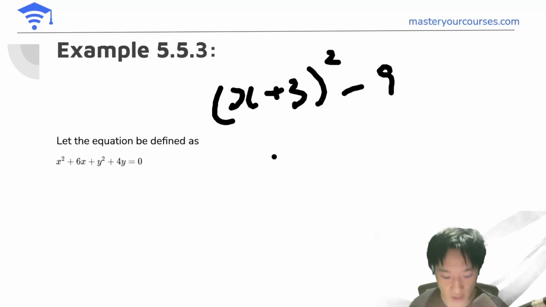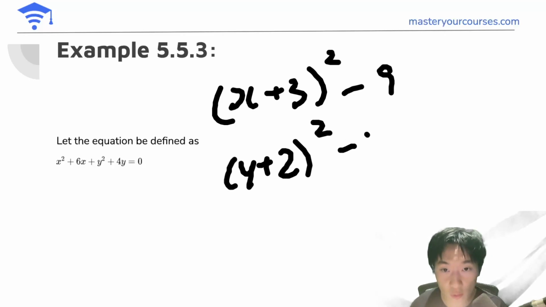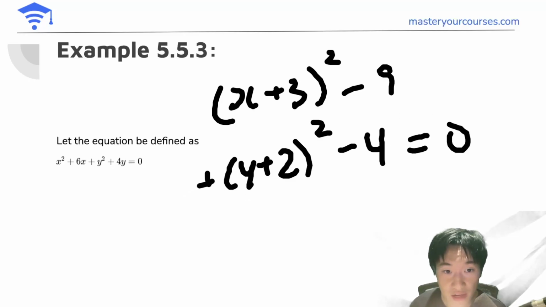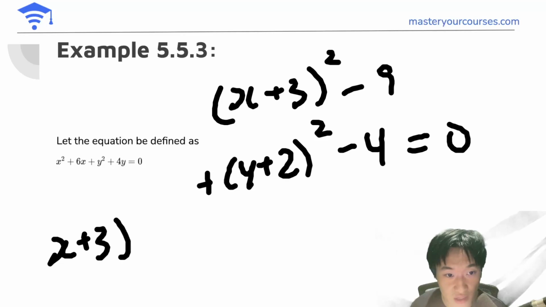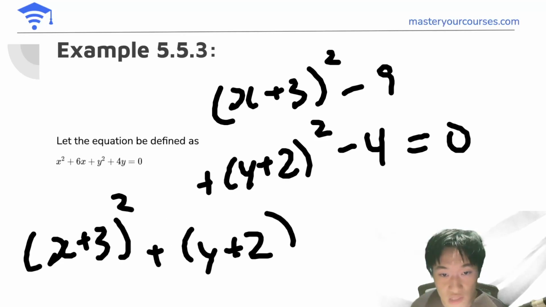And then we also have (y plus 2) squared minus 4 equals 0. Then if you just isolate for the squared values, we get (x plus 3) squared plus (y plus 2) squared equal to 13.